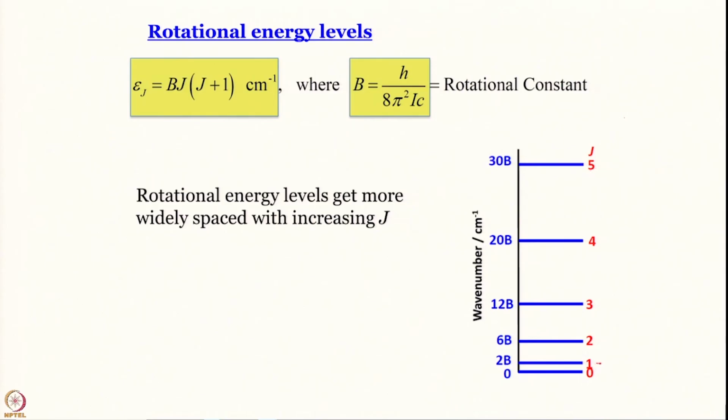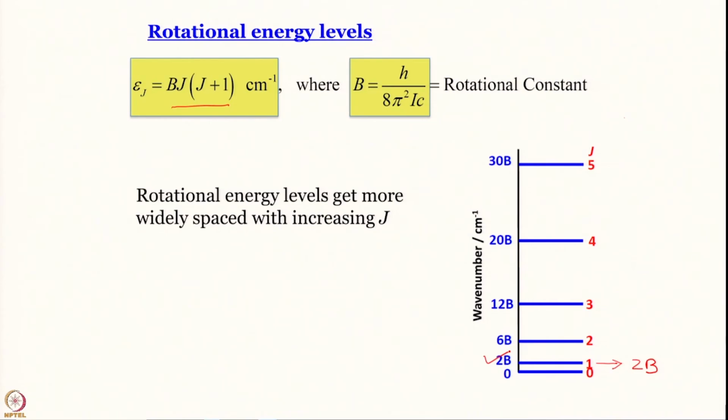What is the energy corresponding to J equal to 1? You can put J equal to 1 here. So, J equal to 1, J plus 1 equal to 2. So, the energy turns out to be 2B, right, 2B. What happens when J equal to 3?